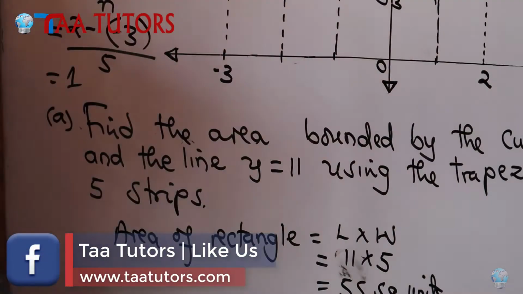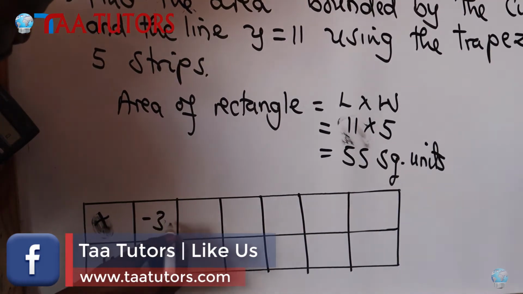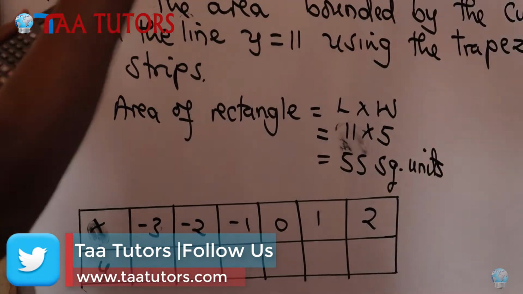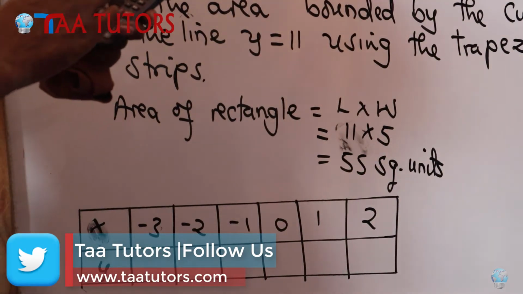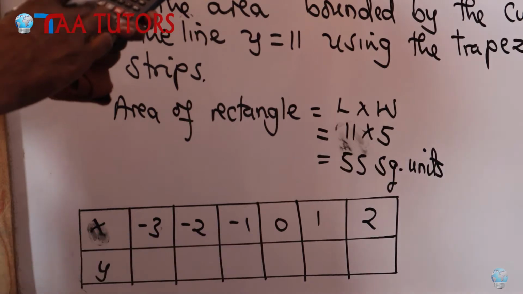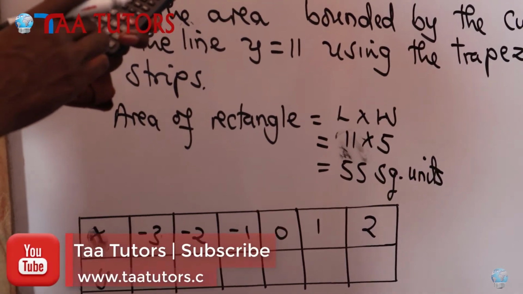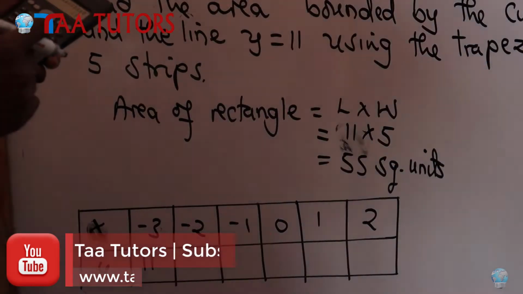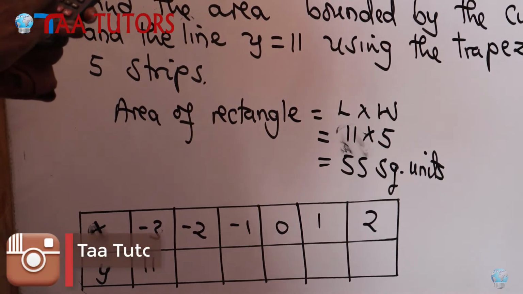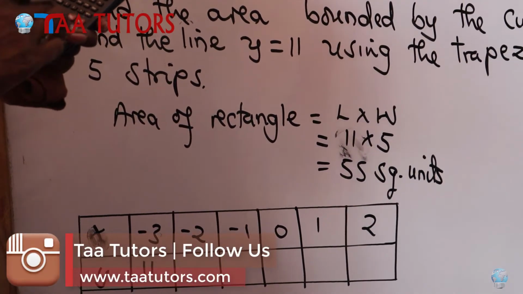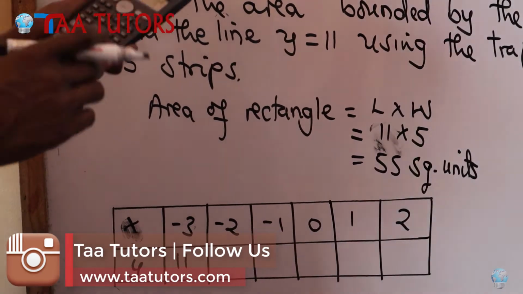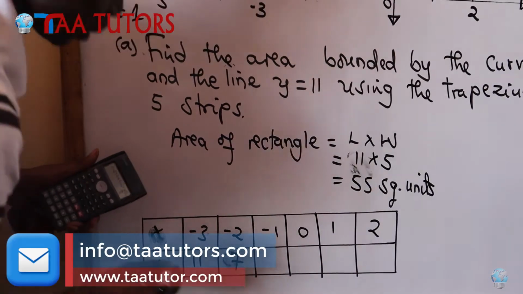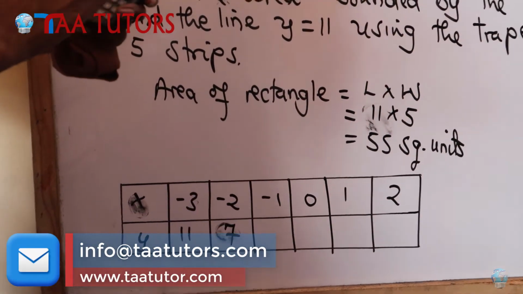So x is negative 3, negative 2, negative 1, 0, 1, 2. Substituting negative 3: negative 3 squared plus negative 3 plus 5 gives us 11. When we have negative 2 squared plus negative 2 plus 5, we get 7.